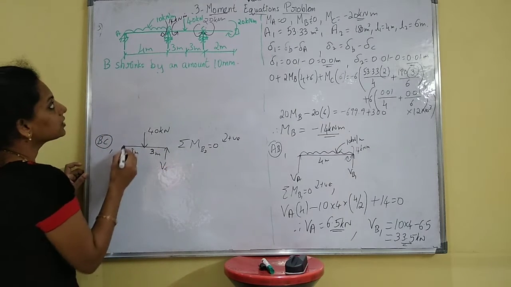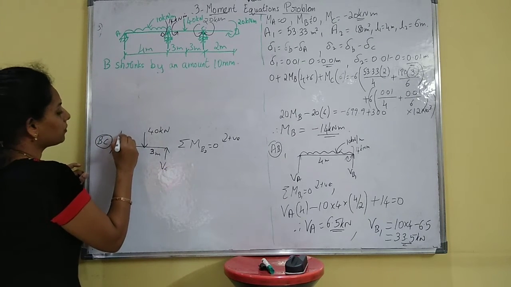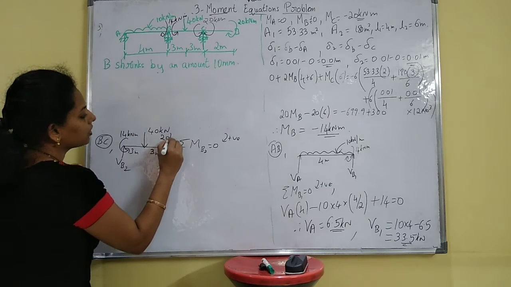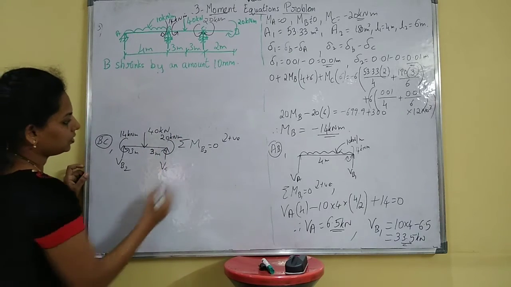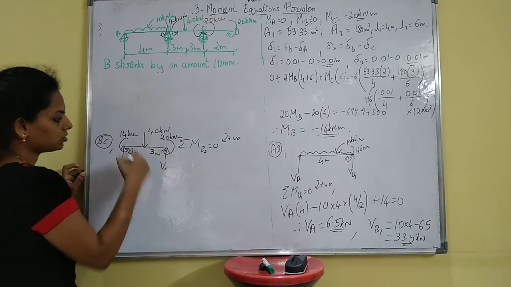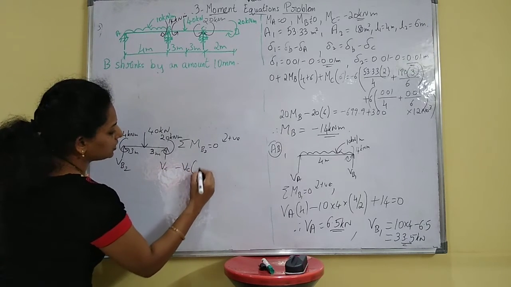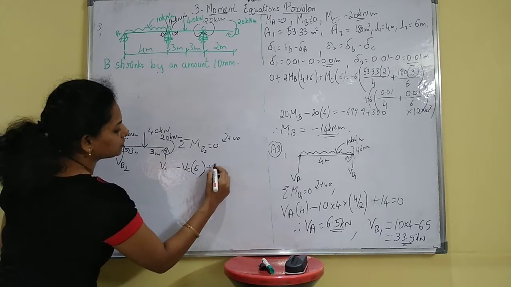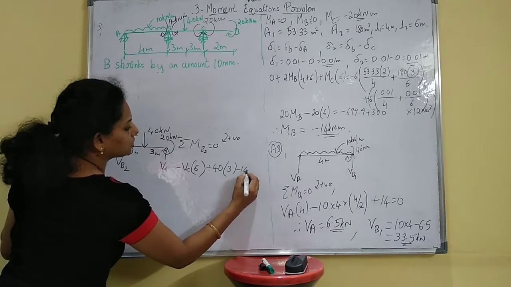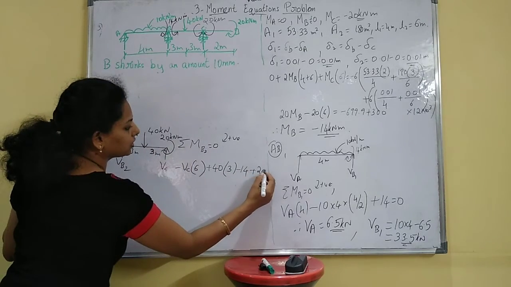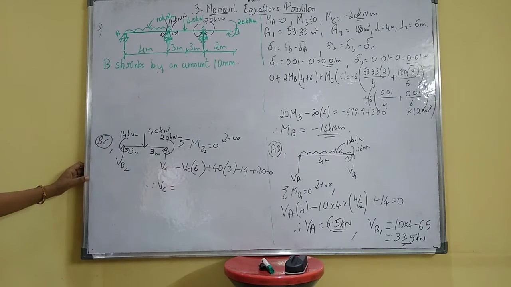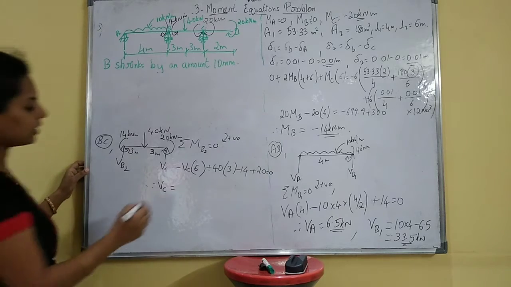Here you have joint moment 14 kilonewton meter, and here you have joint moment 20 kilonewton meter. Okay, so for this you have clockwise as positive, so anti-clockwise minus VC into 6. This is clockwise, plus 40 into 3. This is anti-clockwise, so minus 14. This is clockwise, plus 20 equal to 0. Therefore VC equal to 21 kilonewton.